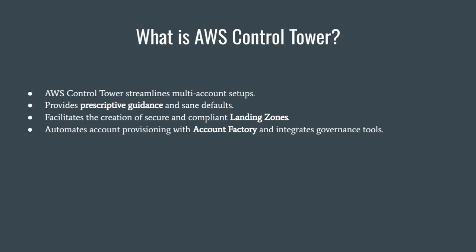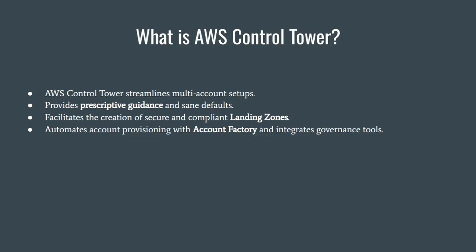So, what is AWS Control Tower? AWS Control Tower provides a powerful and automated way to establish landing zones, essentially a multi-account environment with guardrails in place. Instead of starting from scratch and manually setting up each service, Control Tower brings together a suite of AWS services to help you create and manage your accounts efficiently.